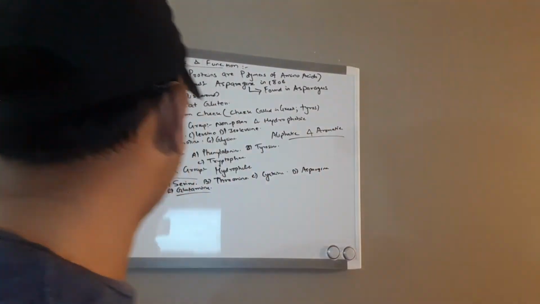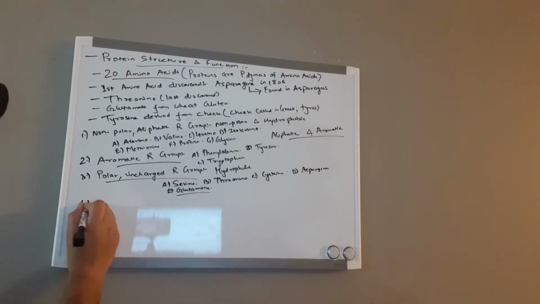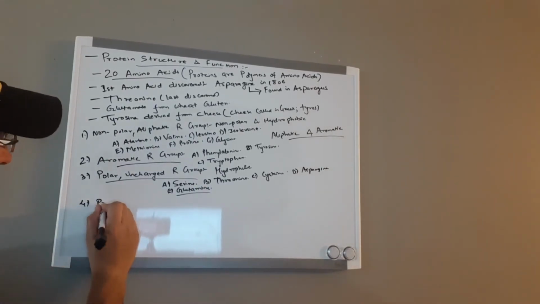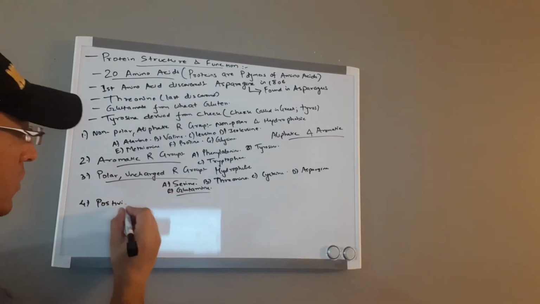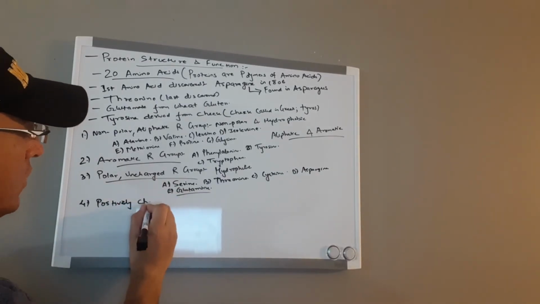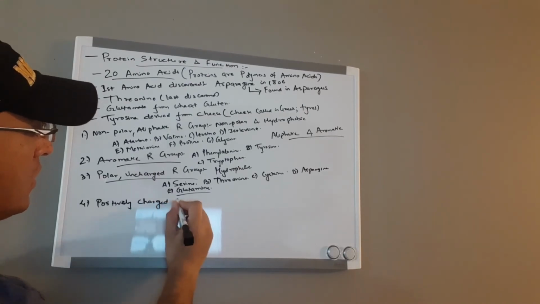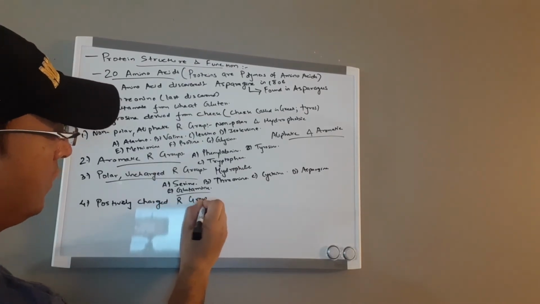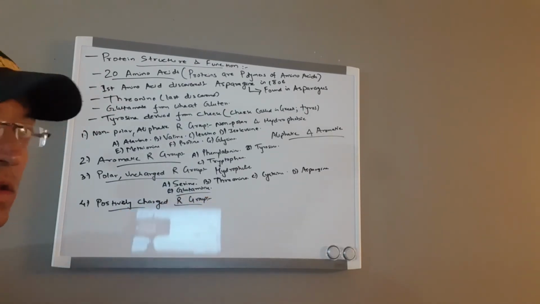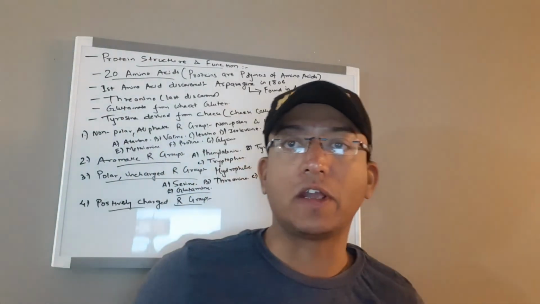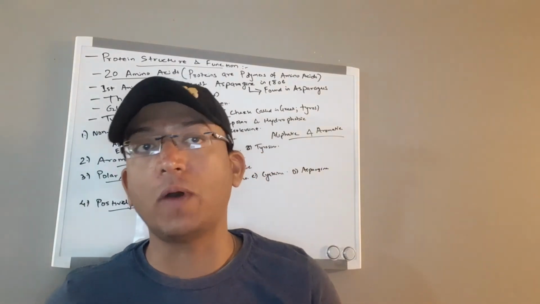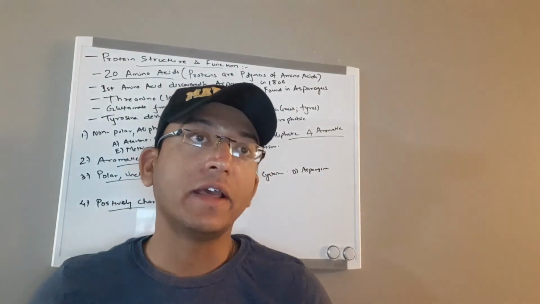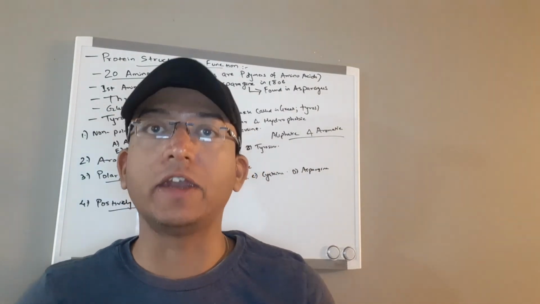Now the fourth class is positively charged R groups, the basic R groups. The most hydrophilic R groups are those that are either positively or negatively charged.